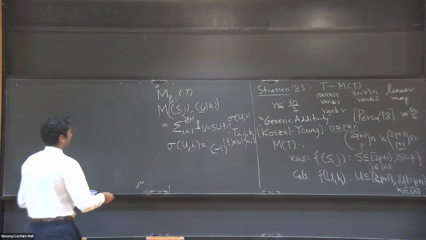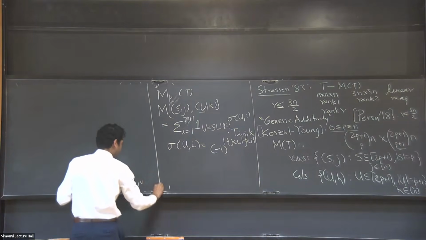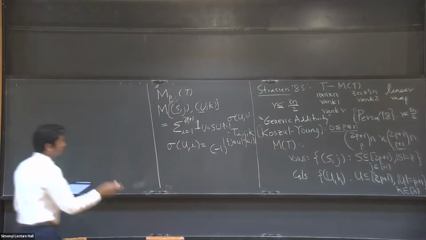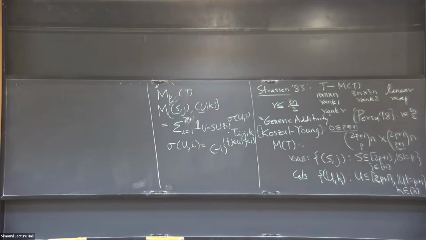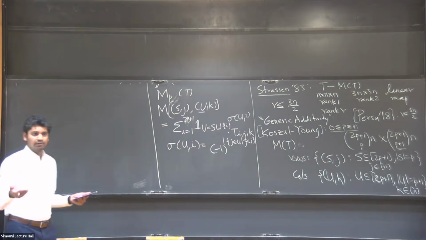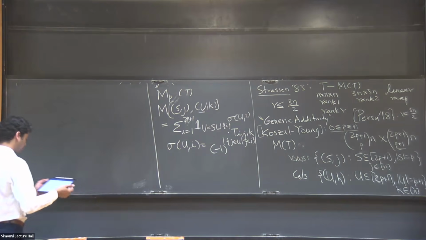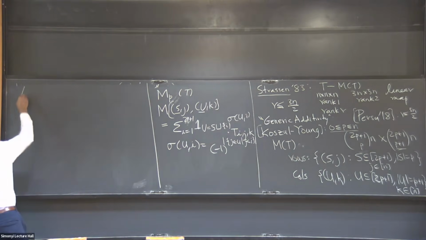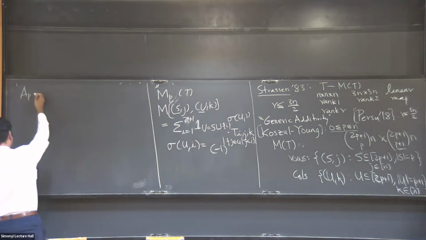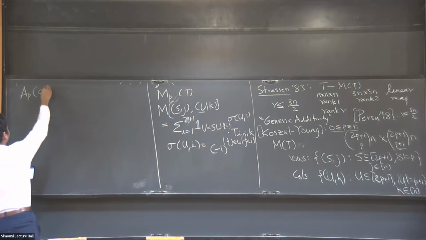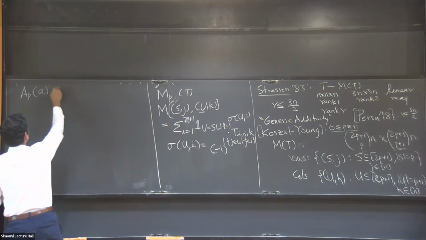Before we take a break, I just want to show you what this particular map does to a rank 1 tensor, because you can see it a little bit more concretely there. Then I'll prove a proposition to you which will demystify why this map is interesting or nice. So let's call this A_P of A as the following.